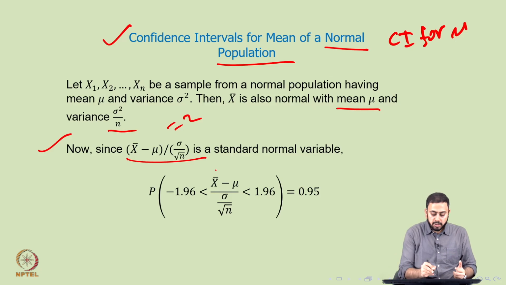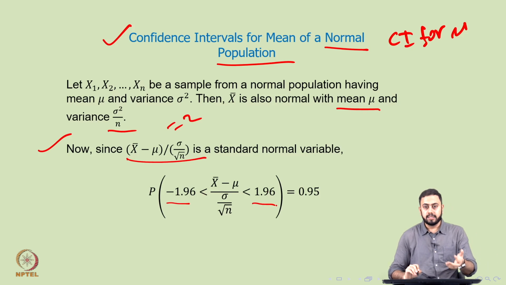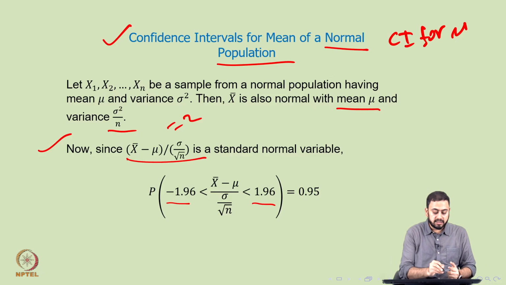What we do is put this standard normal variable in the middle, and then take suitable quantities on the left hand side and right hand side: minus 1.96 on the left and 1.96 on the right. We will talk briefly about why exactly 1.96. It turns out that this probability happens to be exactly 95%, which we want.